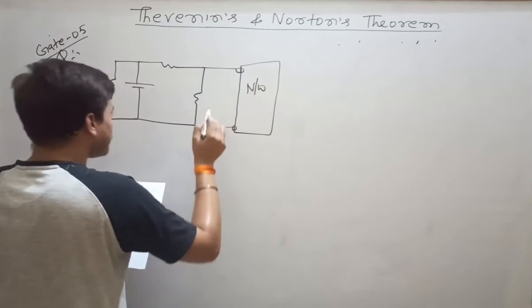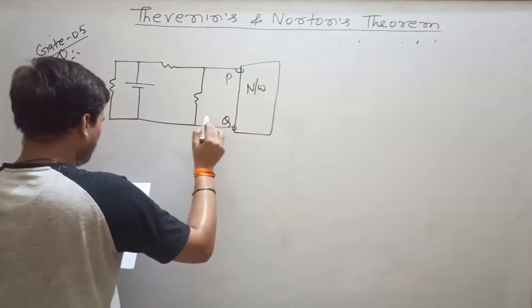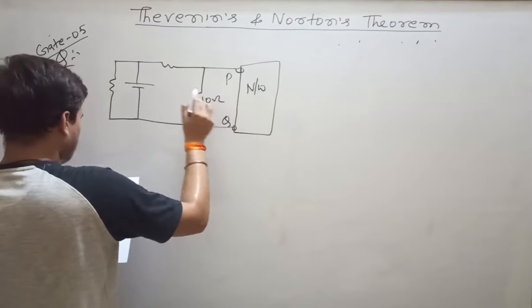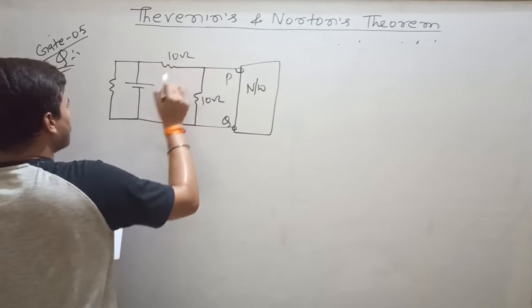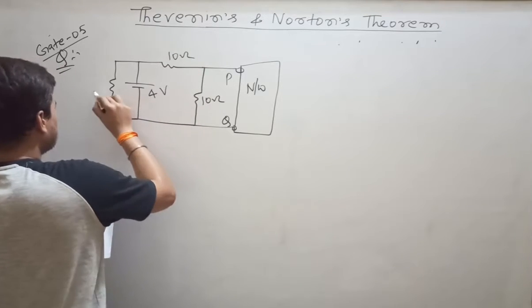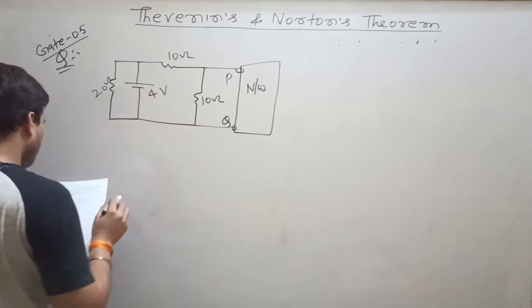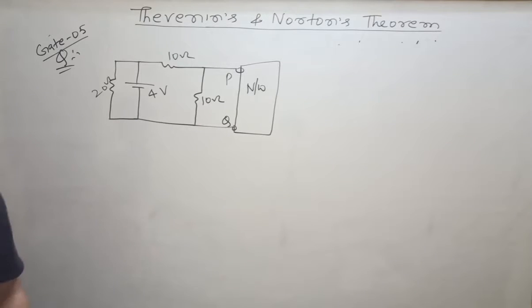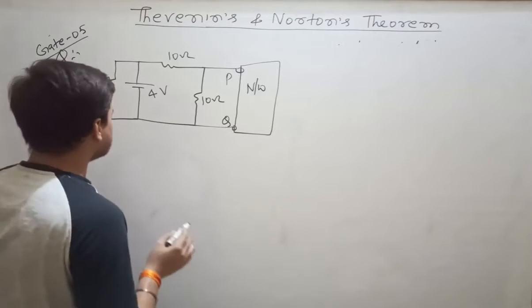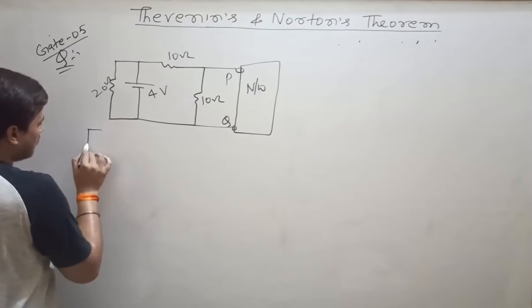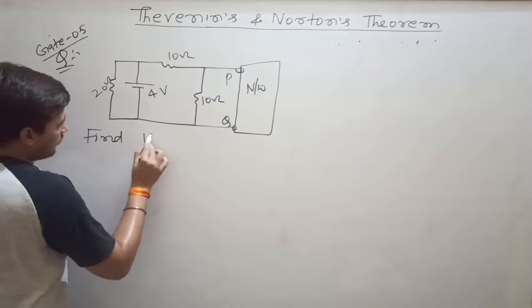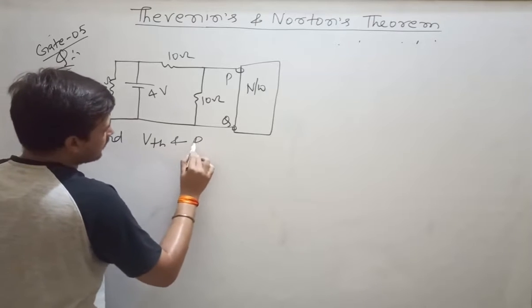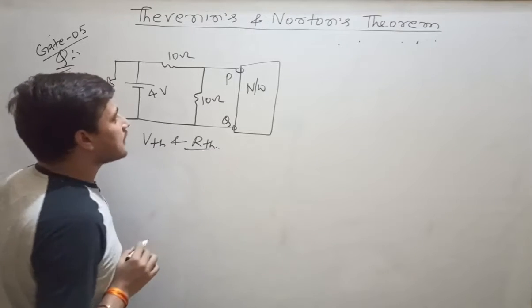Some network is given to you, P, Q, 10 ohm. This is also 10 ohm, 4 volt, 20 ohm. You have to find Thevenin's voltage and Thevenin's resistance, VTH and RTH.